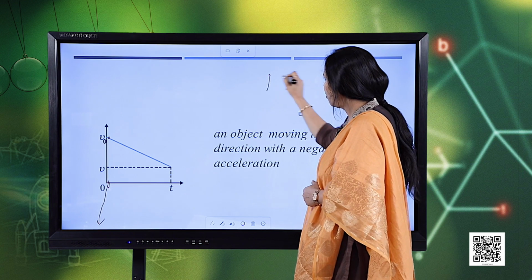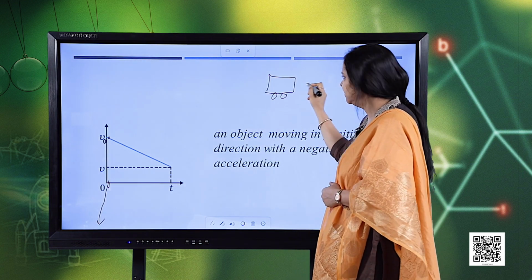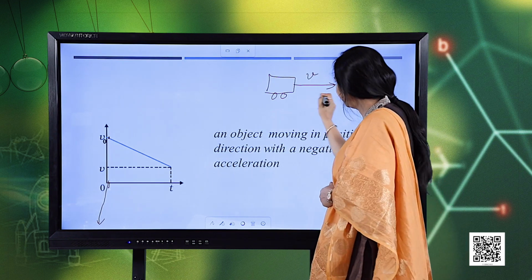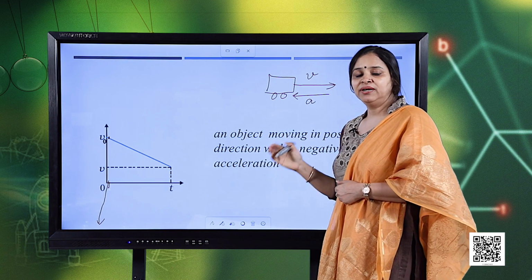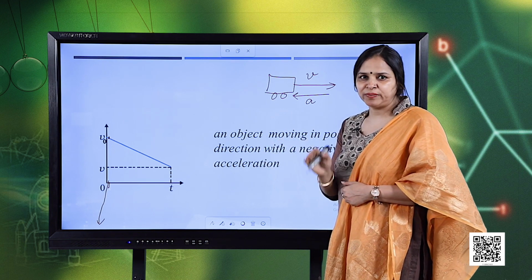So, how will we consider this situation? Like this vehicle is moving in the positive direction, but since the acceleration is in the negative direction, it is creating a decrease in speed.